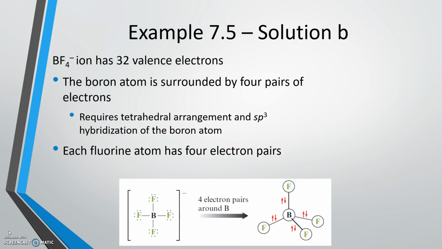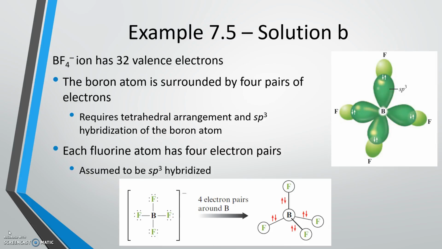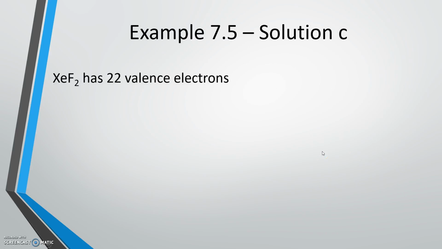Each fluorine has 4 electron pairs, 1 bonded, 3 non-bonded, so it is also sp3 hybridized. And so if we look at the molecule, we can see that the boron, the 4 sp3 orbitals are forming a sigma bond with fluorine where they're sharing, and although we can't see them, we know that the fluorine has the 3 additional sp3 orbitals which hold the lone pairs.